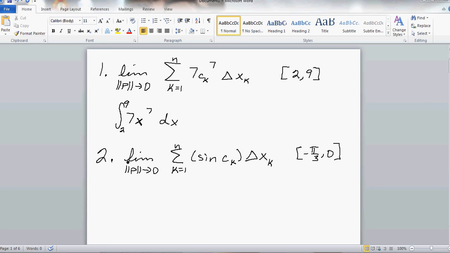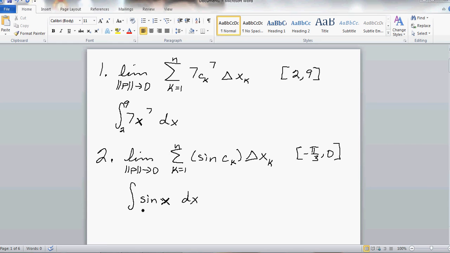So this limit business, all this is summed up with that sigma right there. We're going to do the sine of, well, we don't do c sub k, we do the sine of whatever variable. I'm going to use x because it's most commonly x. And then this delta here turns into a dx.